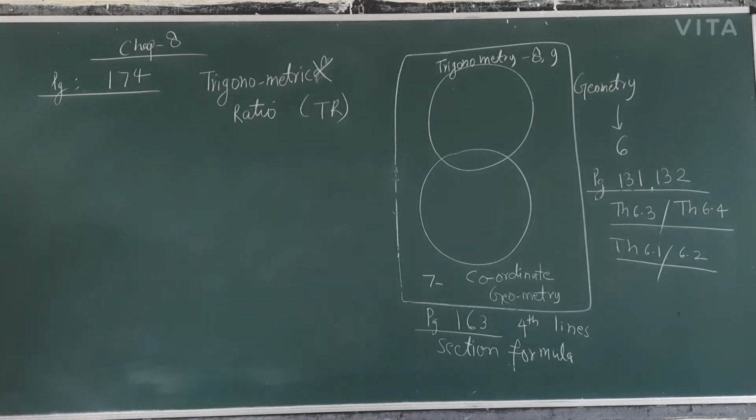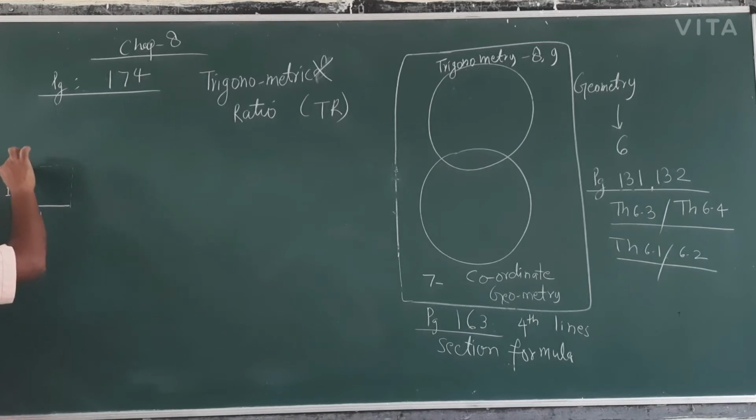Just like, let me take an example of a trigonometrical ratio. This is a right angle triangle where this side is 1 and this side is 1. This was a square of side 1, and we cut the square into two parts, so 1 and 1 will be there.